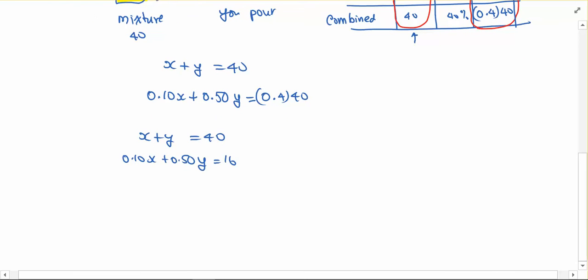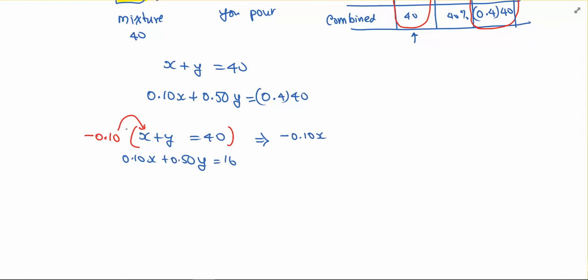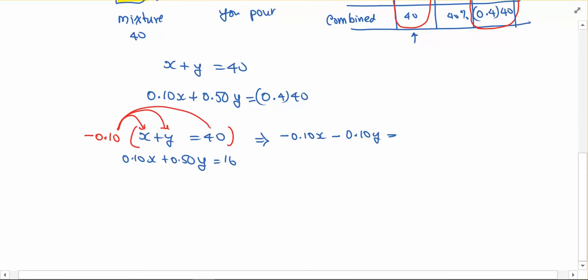So I'm going to use the addition method to solve this. I'm going to multiply that first equation by negative 0.1, and if I did that, that is going to give me negative 0.10x, negative 0.10y, and this is going to give me negative 4. I said negative 4 actually, not negative 0.4, negative 4.